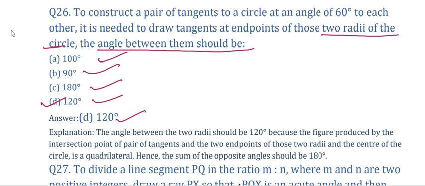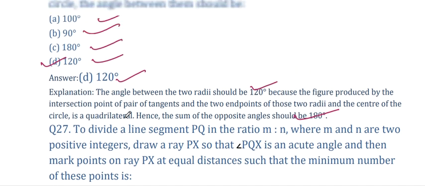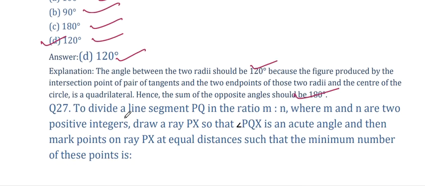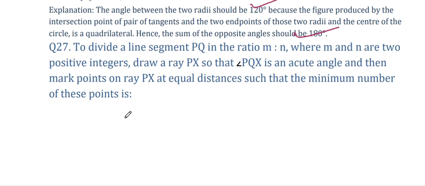The angle between the two radii should be 120 degree because the figure formed by the intersection point of the pair of tangents, the two endpoints of those two radii and the center of the circle is a quadrilateral. Hence the sum of the opposite angles should be 180 degree, right? Here is the 120 and there is the 60 degree. So 120 degree plus 60 degree equal to 180 degree, right?